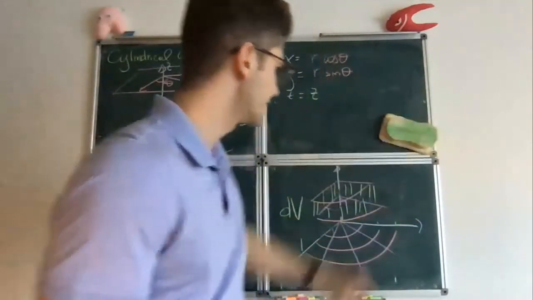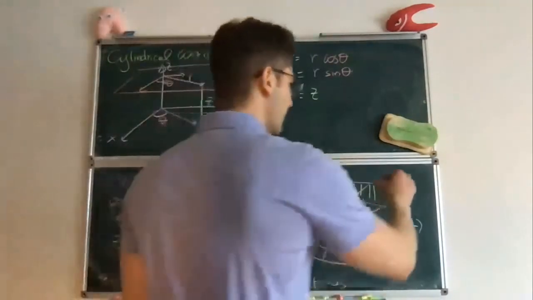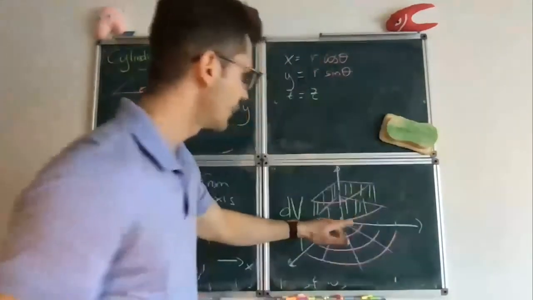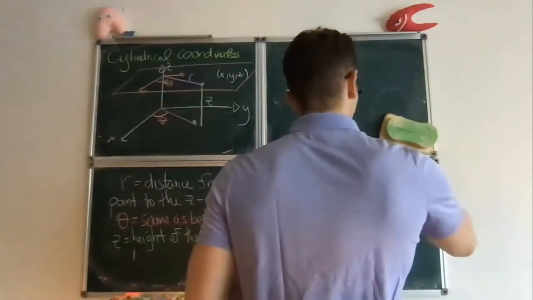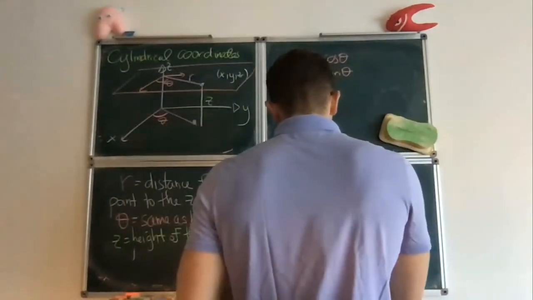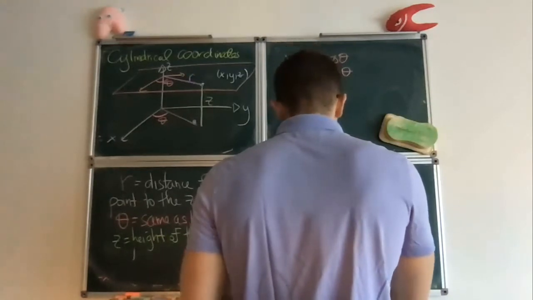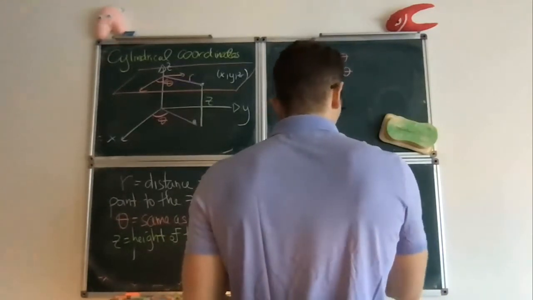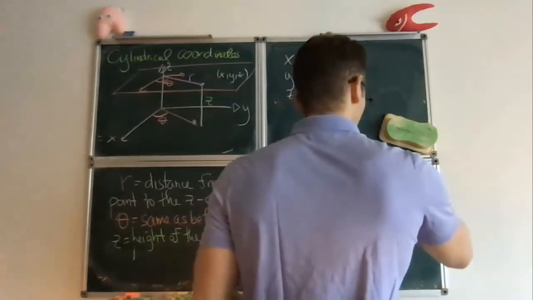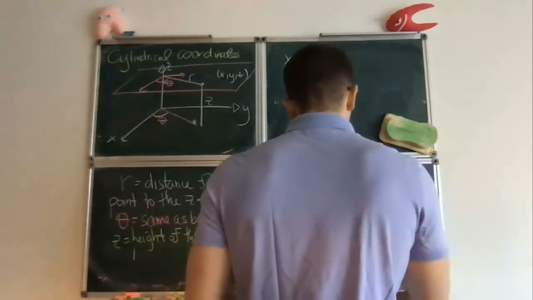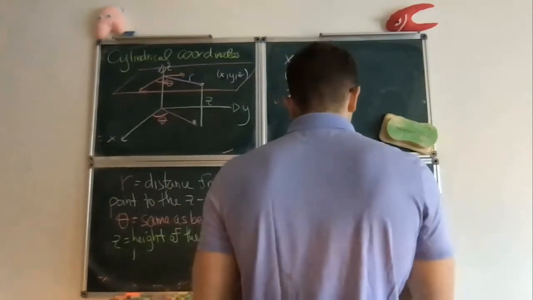But the point is that dV is obtained by just taking the area of the circular sector that we had before. So this had some area, dA, and multiplying it by dz, okay?